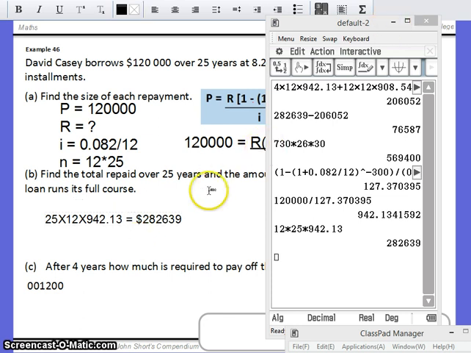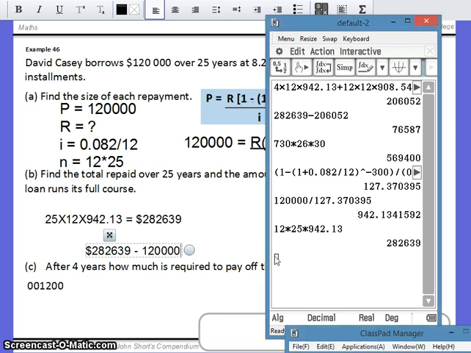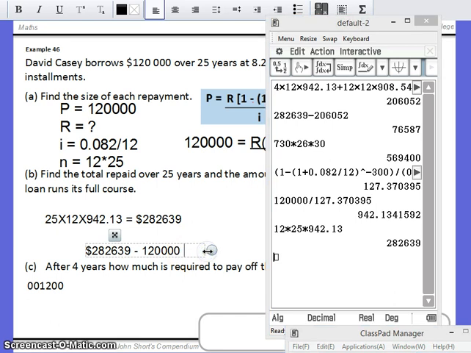Now the amount of interest paid then is $282,639 minus the 120,000 that we borrowed. It's the difference between what we pay and what we borrowed. So that's going to be 162,639. That's just the interest. So you pay $162,000 in interest.